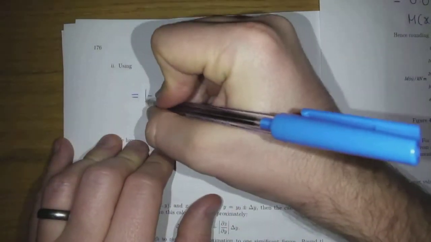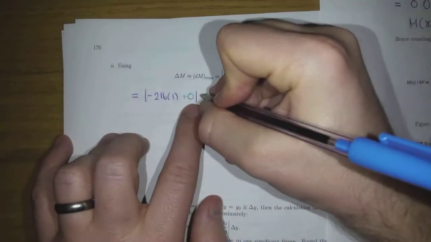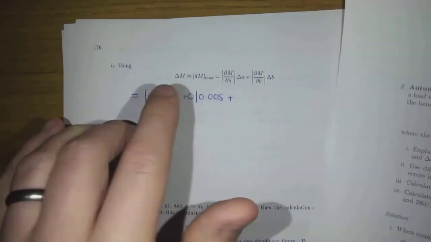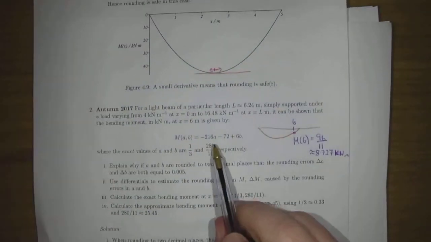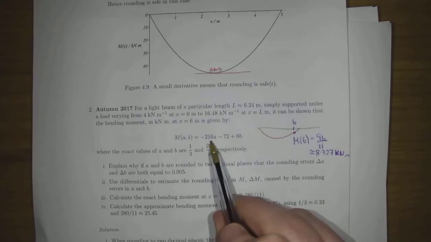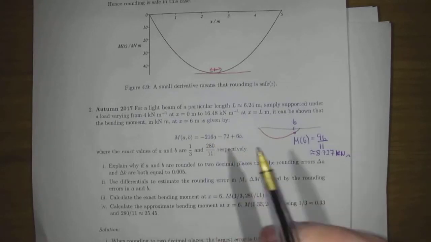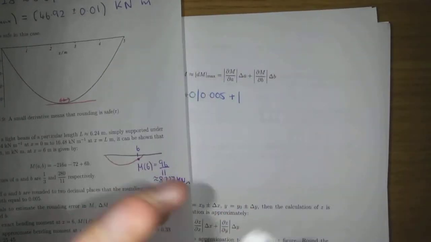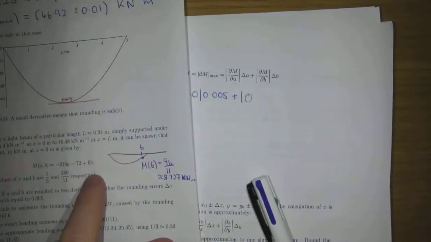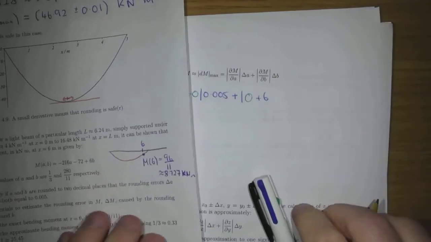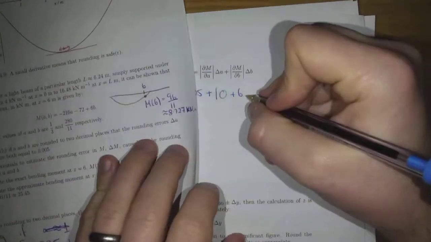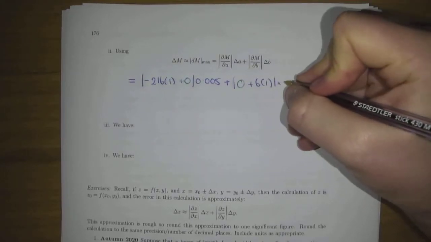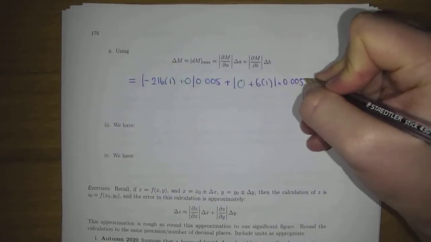There's an absolute value around this, times the error in A here, which is 0.005, plus differentiate this with respect to B. Now, differentiating with respect to B, A is fixed, so this will be a constant, this will be a constant, so the derivative of both of those is 0. Plus fix the constant 6, and the derivative of B with respect to B is 1, times 0.005.